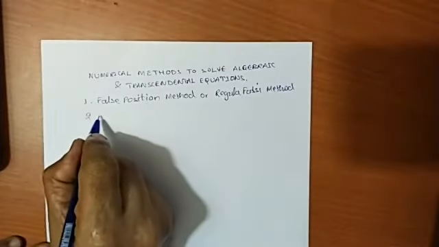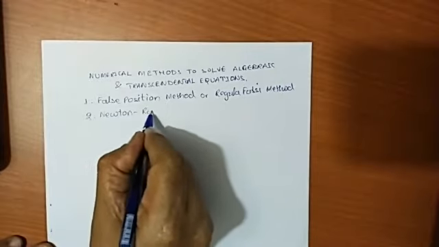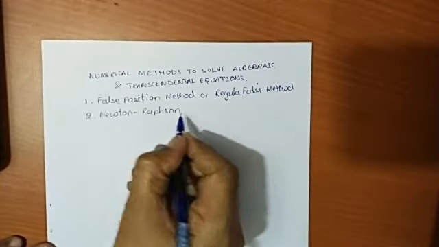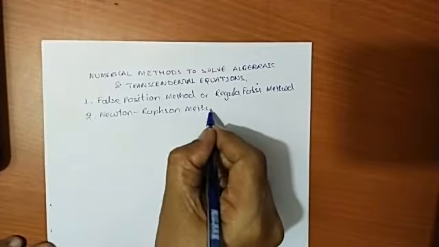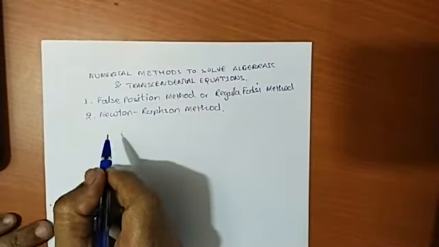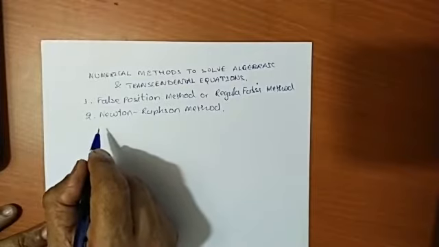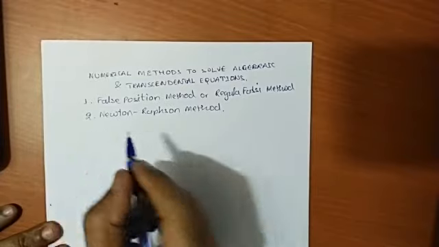The second one is the Newton Raphson method. So here, let me explain why we go for numerical methods.